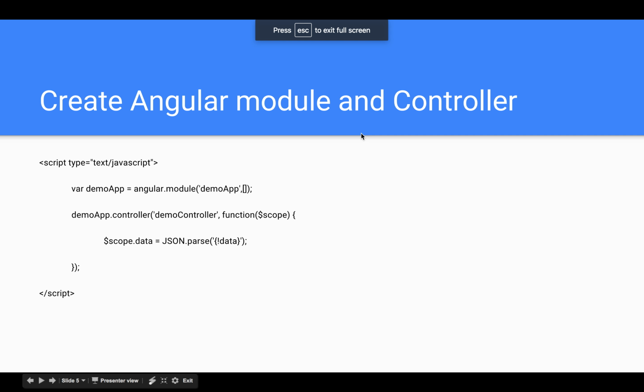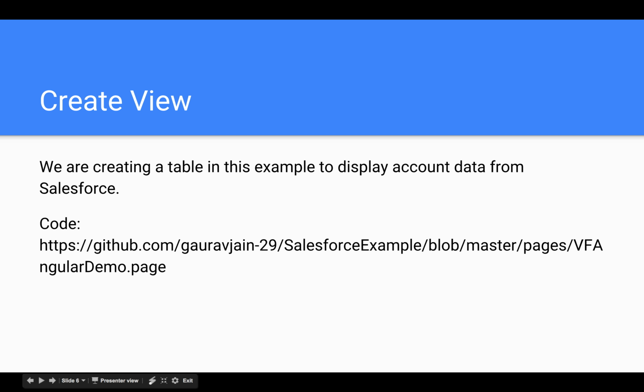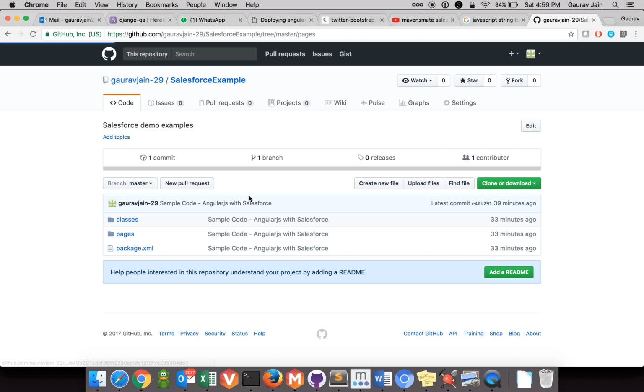Okay, so once our Angular app is ready, we just want to create a table to display the data which we are fetching in the Apex controller, in a Bootstrap table basically. I have written the code for it, and it is available here.